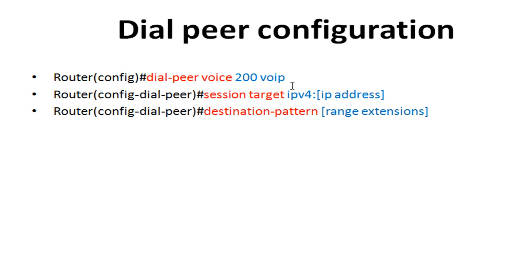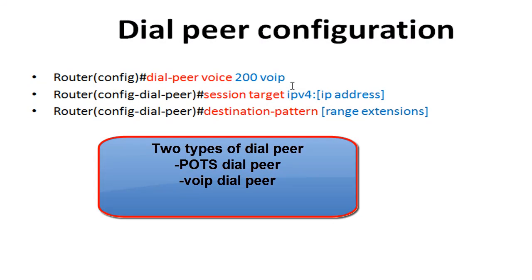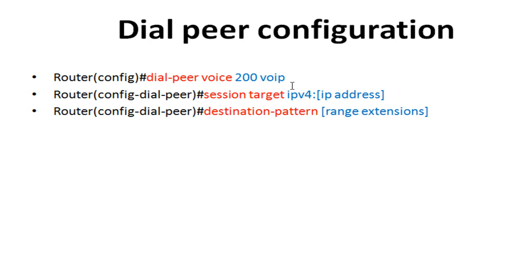There is another type of dial peer called POTS dial peer, which we use with the analog phone. Keep in mind that there are 2 types of dial peer: VoIP and POTS.